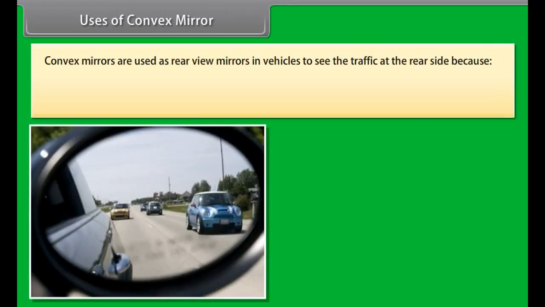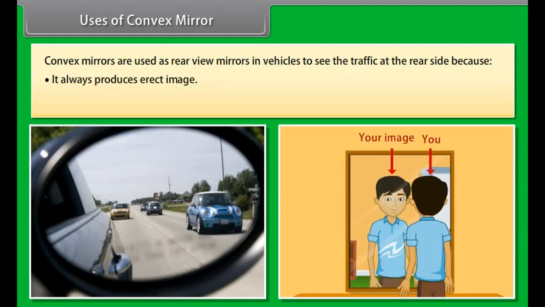Uses of convex mirror. Convex mirrors are used as rear view mirrors in vehicles to see the traffic at the rear side because they always produce an erect image. The size of the image is small, and so we can see a wide field of view of traffic behind. Mirror formula and calculations.